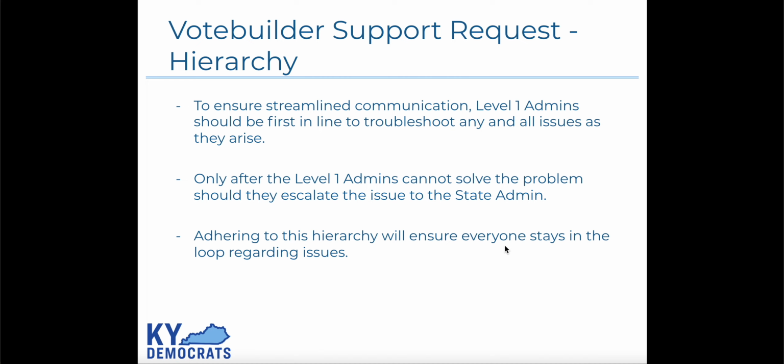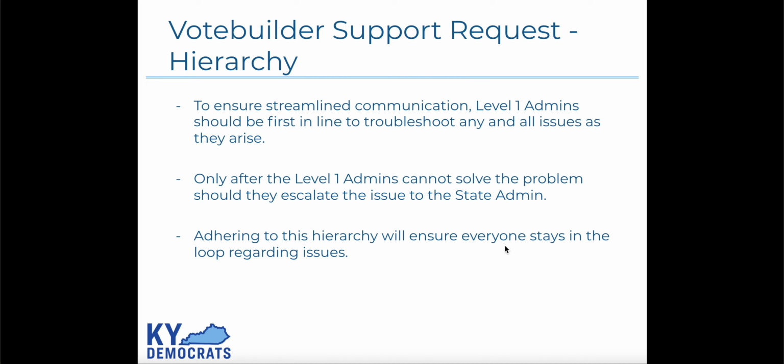One other thing to go ahead and mention is the hierarchy levels of how our user profiles are created. This went through some tinkering just recently, and it's something that's continuing to be tinkered with as campaigns change. The best thing to keep in mind is if you are a level 1 admin user, you need to be the very first person to troubleshoot any issues that folks on the campaign might be noticing.